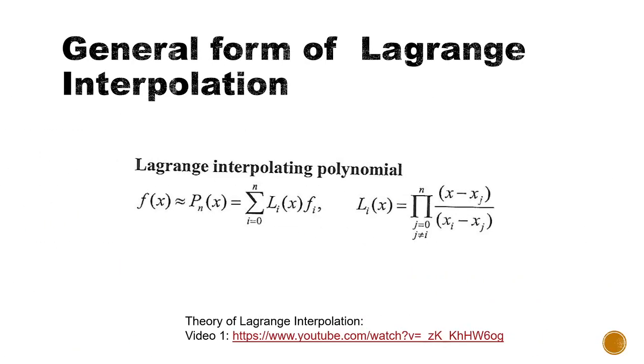Okay, so this is the general form of interpolation. So the function f(x) is an estimation, or equivalent to the polynomial of x depending on the number of order, n, and then the summation of L(x) times f(i).